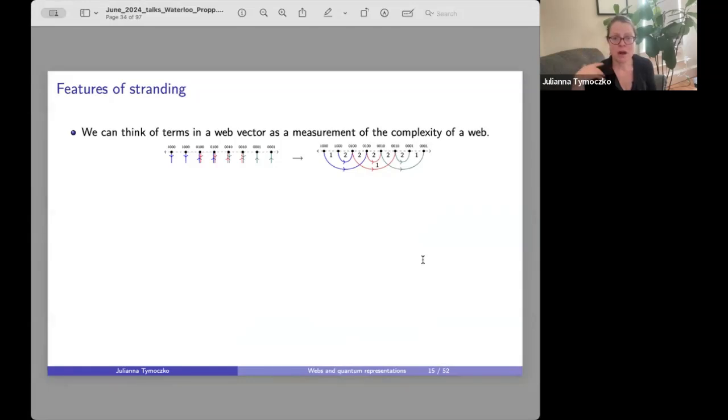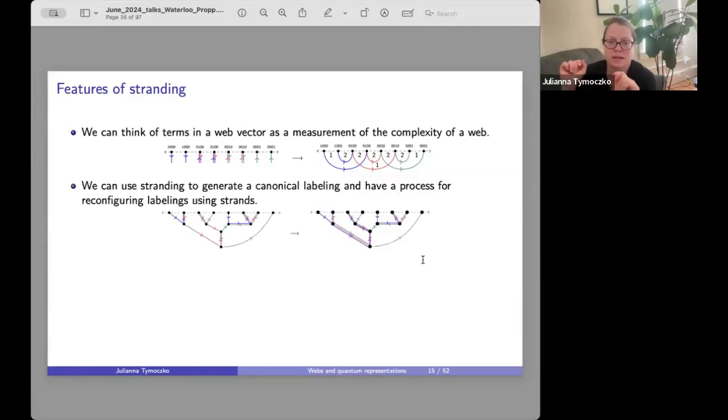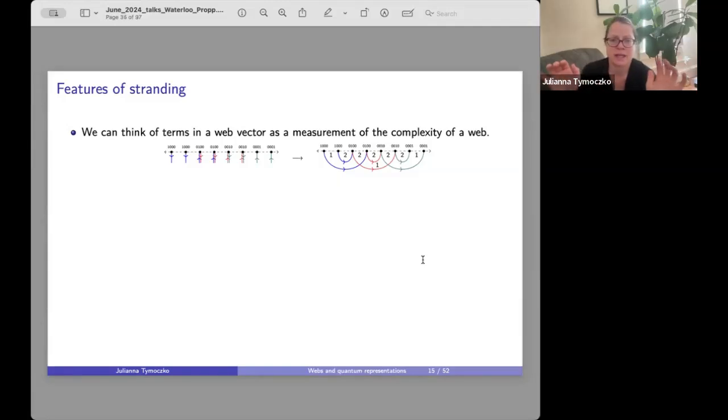Going into this idea in a little more depth. These terms in the web vector, these multicolor directed non-crossing matchings, are on some level measuring how complex the web is. Let me go back here.